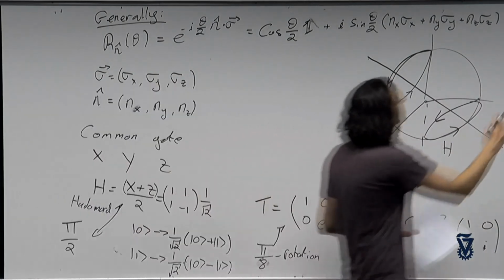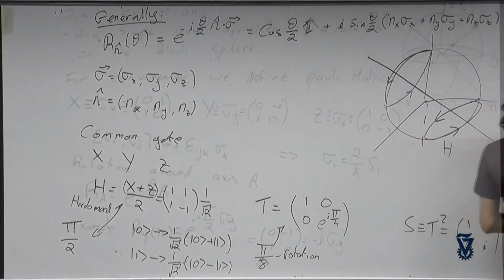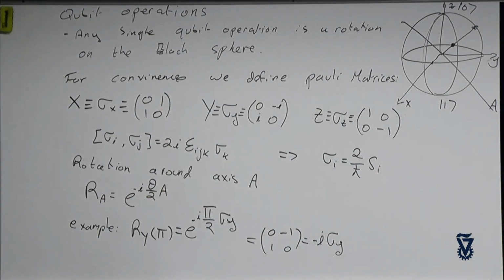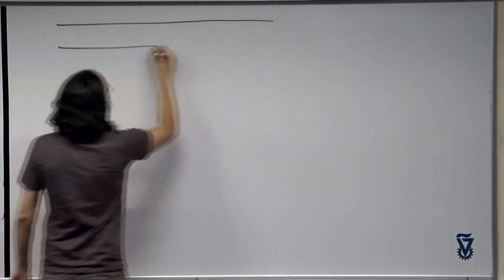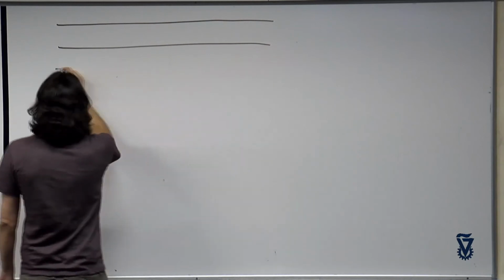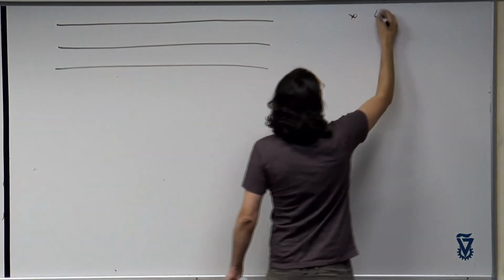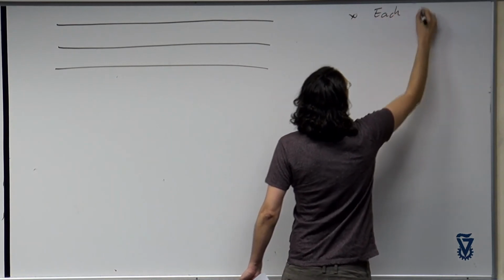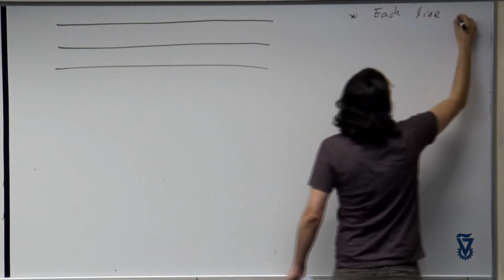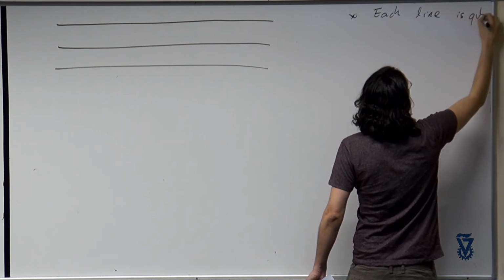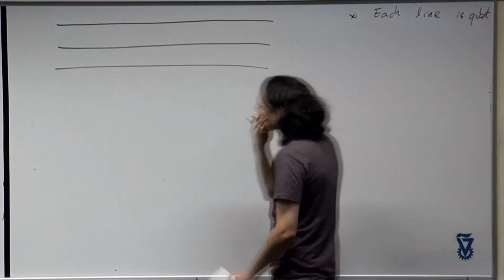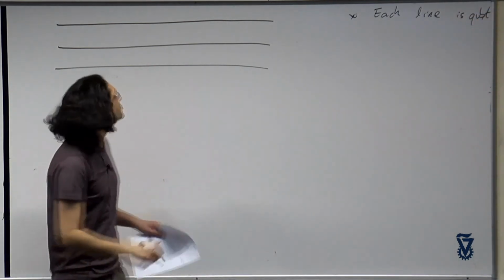Each line here represents a qubit. Each line is a qubit. And then you just draw your operations here.